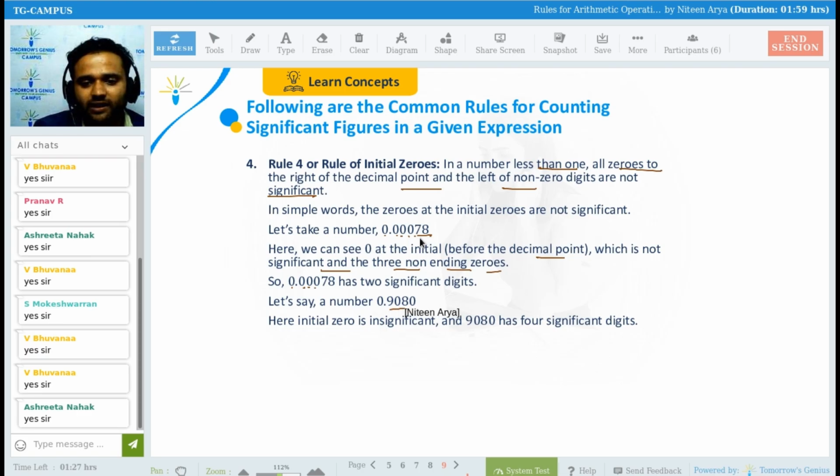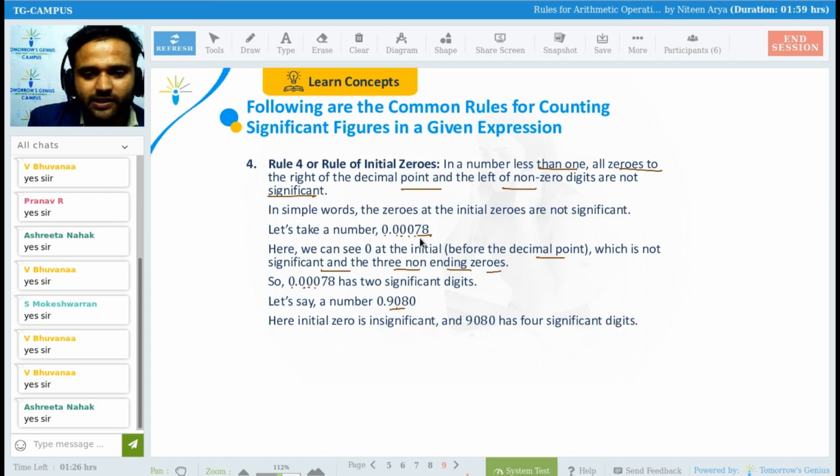Obviously, this is going to be 3 again, because this particular 0 can change the number even after the decimal. So the rule after the decimal is going to be the same. The 0 in between 2 non-zero values is going to be considered as a significant digit or figure, but the initial 0 or the 0 after the decimal is not considered. As simple as that. Okay.